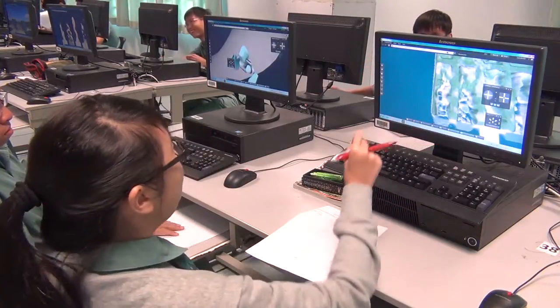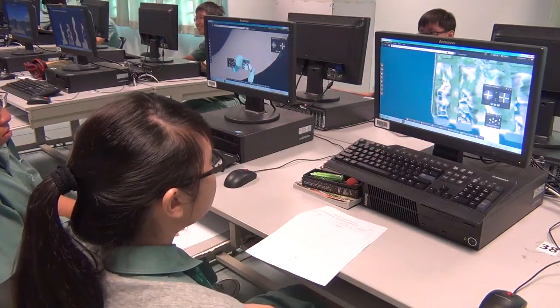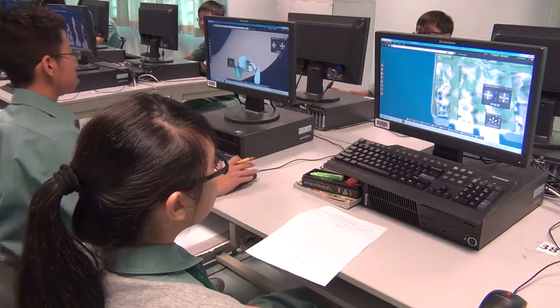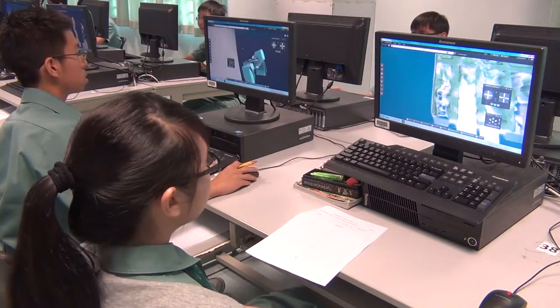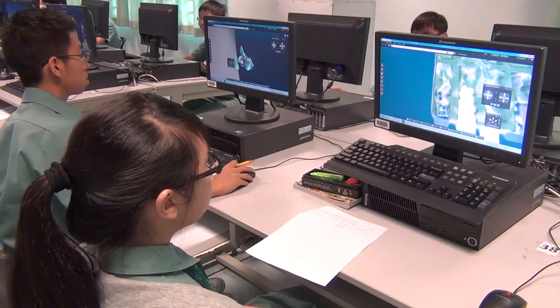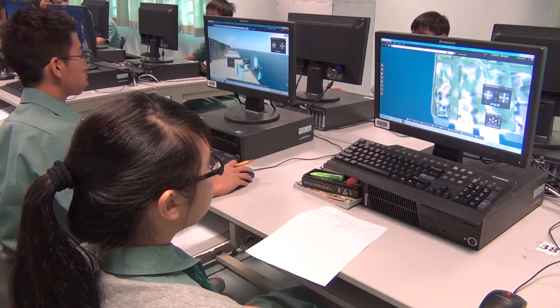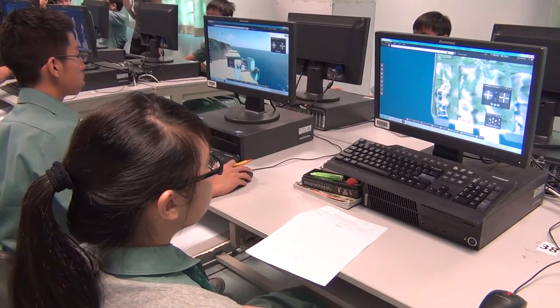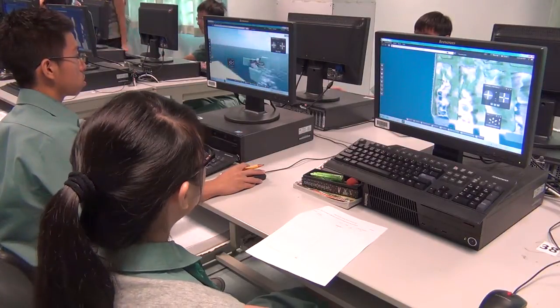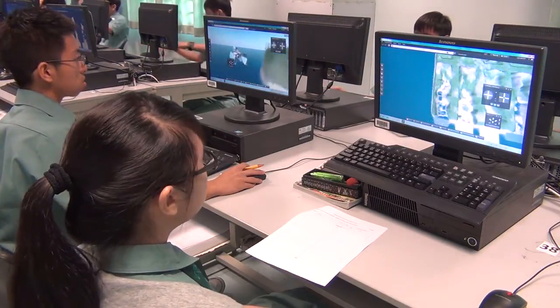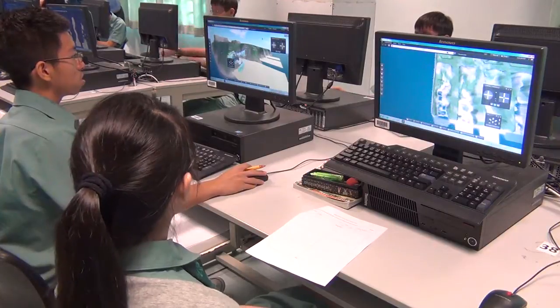Remember, all must draw the aerial view, okay? Only draw the aerial view. So those of you with 3D views have to look at your partner's computer, compare, then draw.